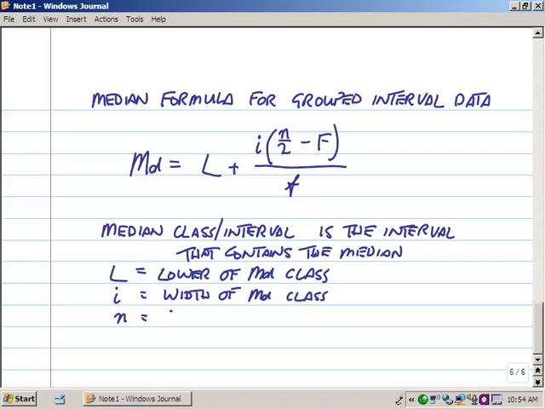And as always, n is the sample size, the number of items in the group. Capital F is the cumulative frequency up to the median class.